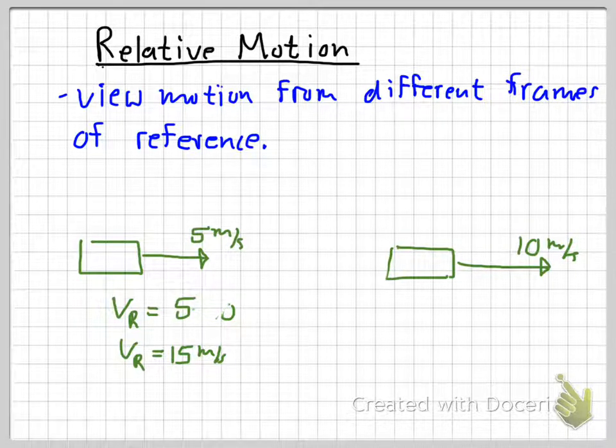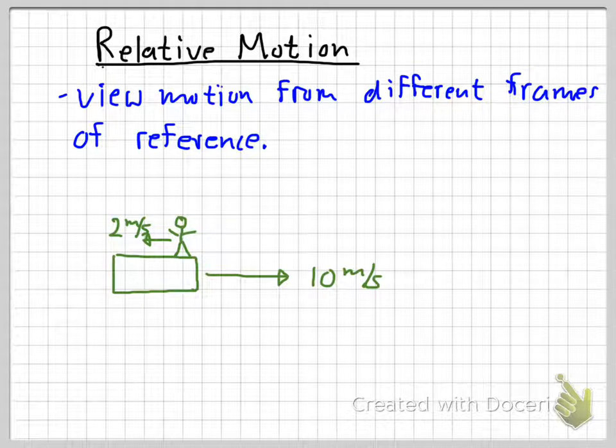So instead of 5 plus 10, we would now do 5 minus 10, which would give you like 5 meters per second. And it would be negative, indicating that it's moving away.